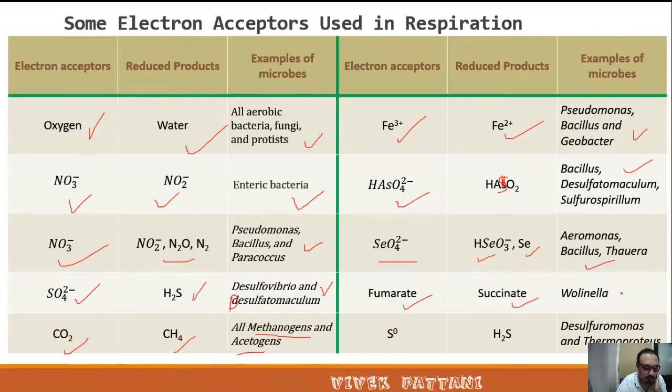The bacteria involved will be Wolinella. And the last one is S0, elemental sulfur, which will be converted into hydrogen sulfide. Examples are Desulfuromonas and Thermoproteus.